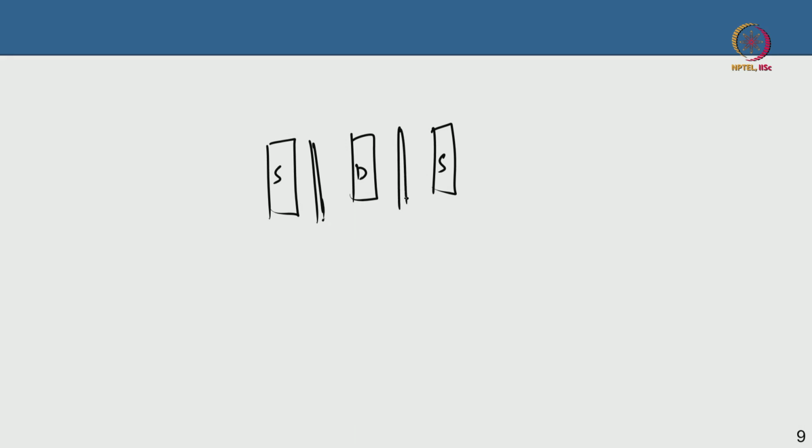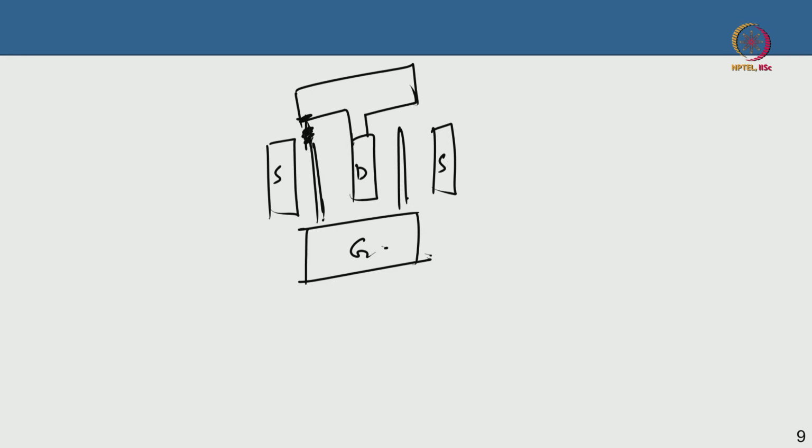Now if we look at the actual device schematic with the CPW, I have this source, the active device, this drain, and then this source, and of course the gate is here. This is the gate, and this is the drain; there is no connection here.